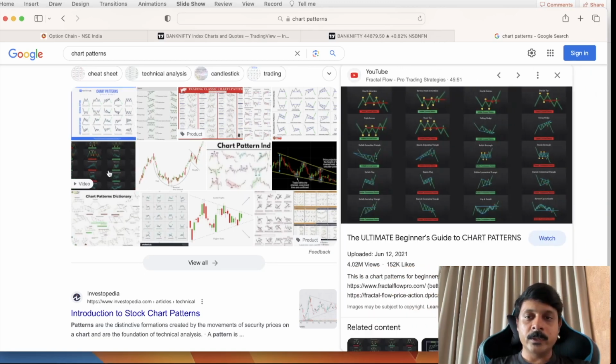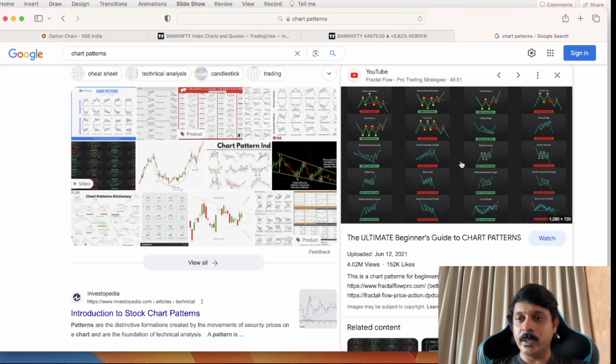Mostly those are triangles or wedges or flags, all these things are continuation or reversal patterns. Head and shoulders and inverted head and shoulders are mostly reversal patterns. Double top, double bottom, which is like M or W, those are reversal patterns.